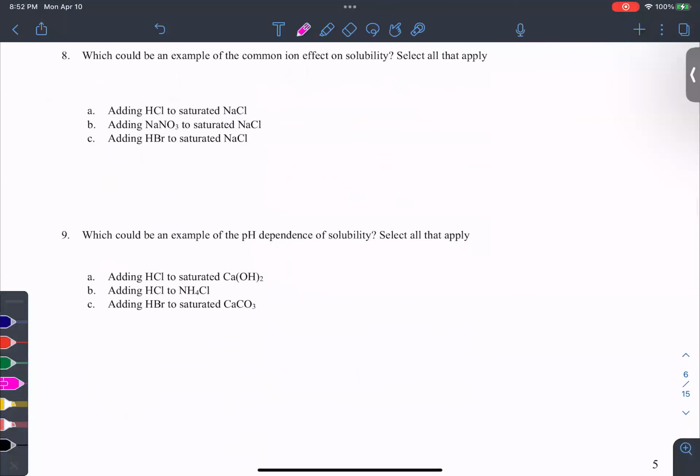So let's talk about some Le Chatelier's principle stuff with solubility. Let's think about what could be an example of the common ion effect on solubility. So we're still talking about KSP.